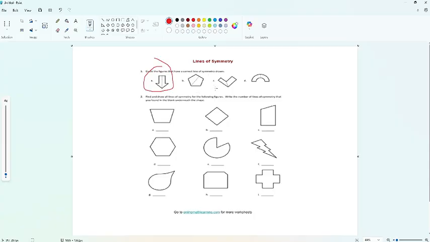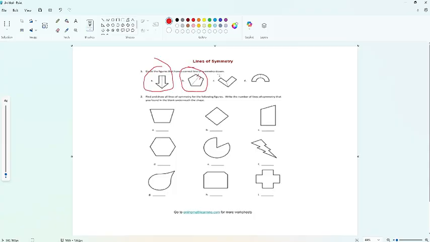This one, it's kind of hard to tell. However, I feel like this would be correct, because if you look at it from the side somehow, these parts look equal and these parts are kind of equal, and this is kind of in the center as well.